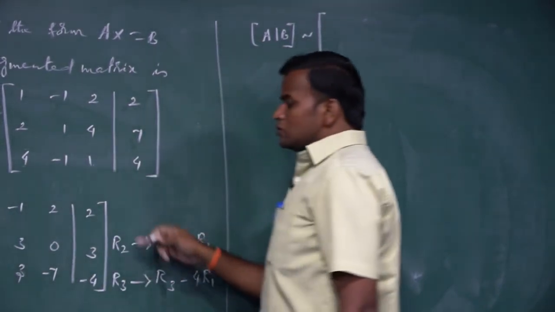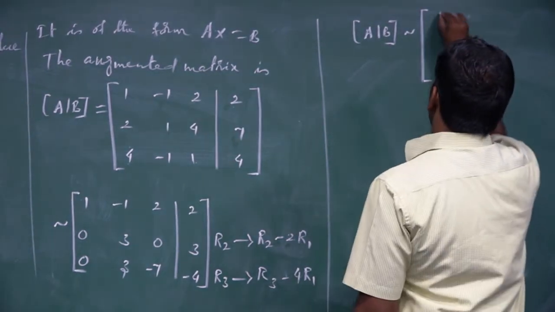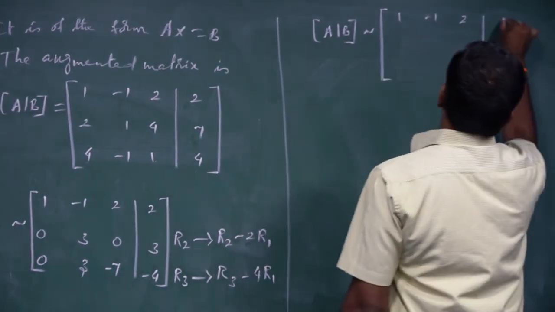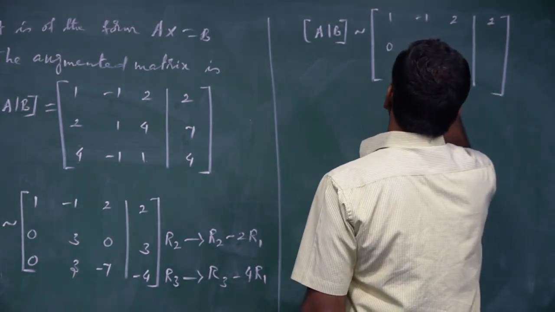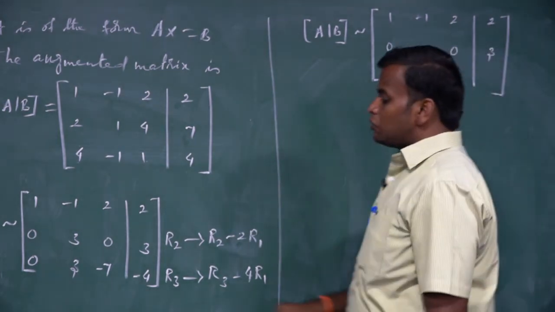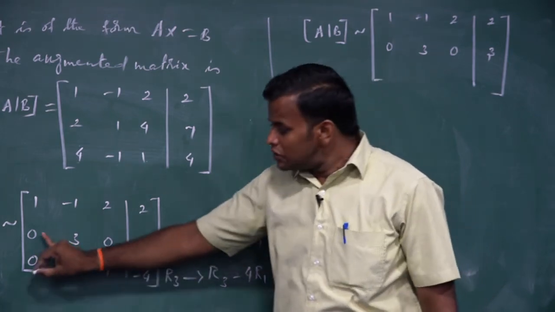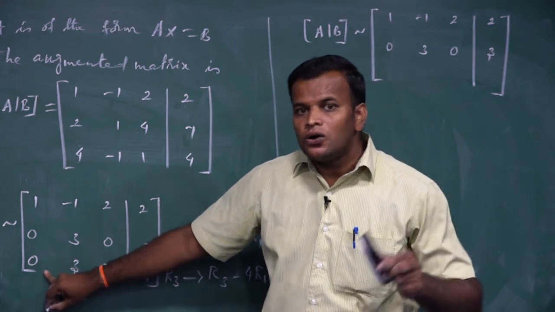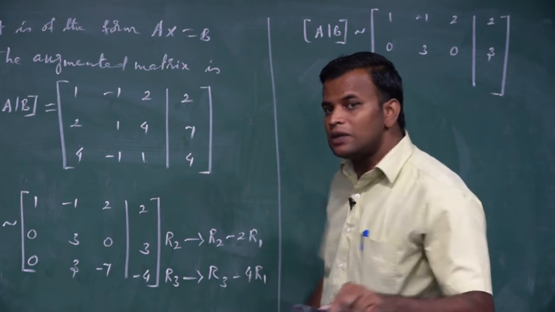The augmented matrix is equivalent, so the first 2 rows are unchanged. We write the first 2 rows as they are: 1, minus 1, 2, 2 and second row 0, 3, 0, 3. Our motive is to convert that element to 0. After we convert these elements to 0, we consider only R2 and R3. You see both numbers are the same, so we subtract.